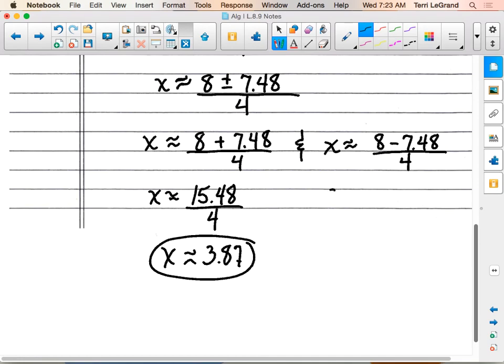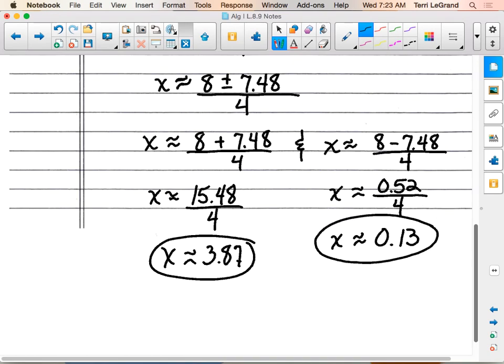And we'll come over to the other one. We're going to be subtracting 7.48 from 8, so we get 0.52. That's going to be divided by 4. And when we divide 0.52 by 4, we should get 0.13. So there's our other solution.